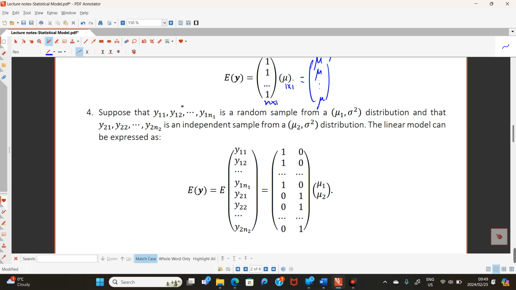Another example is this one. Suppose y11, y12 up to y1n1 is a random sample from a distribution with mean mu1 and variance sigma squared, and you also have another independent random sample, which you display by y21, y22 up to y2n2, from a distribution with mean mu2 and variance sigma squared.